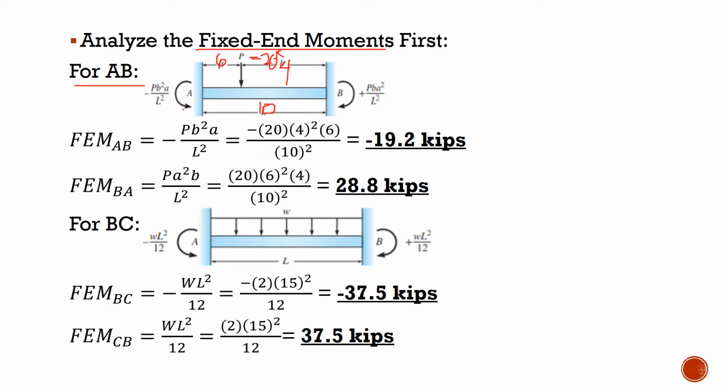At A, we will use the fixed end moment. So FEM AB. Take note, some use FEM near and far, while others use IJ.